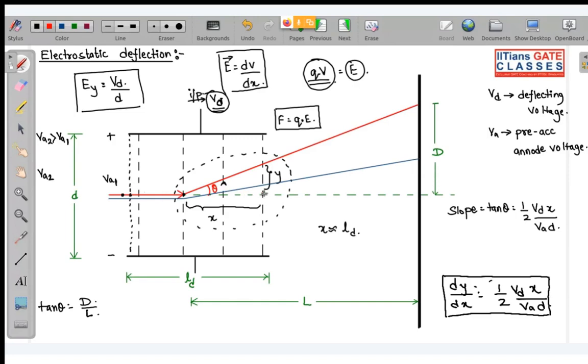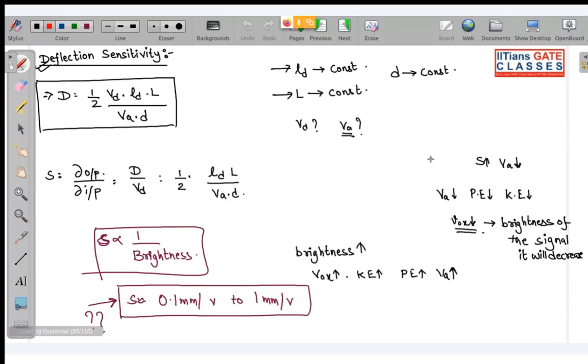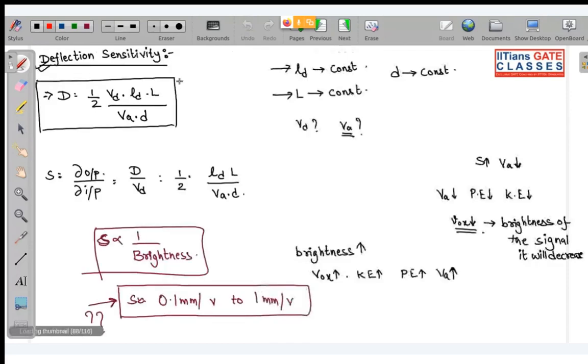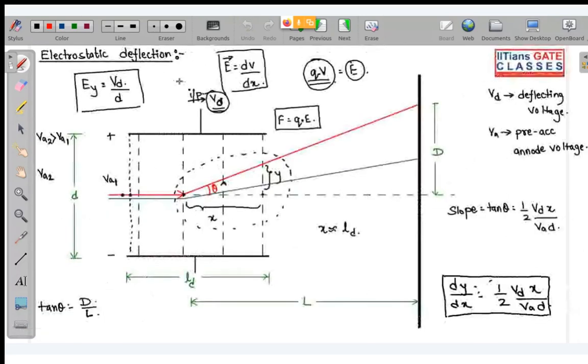So you can see the deflection, this D, what did we get? Where was the expression? Over here we have written. So this is basically your D. Now, can you tell me the transit time?